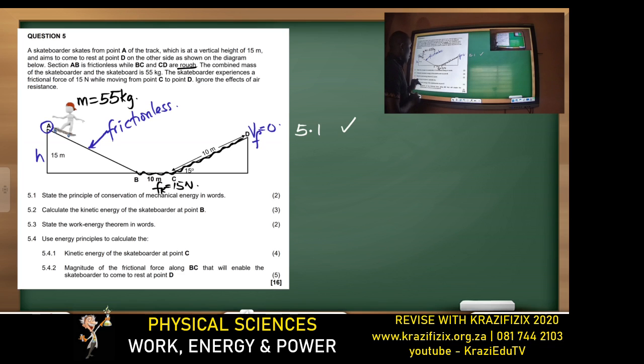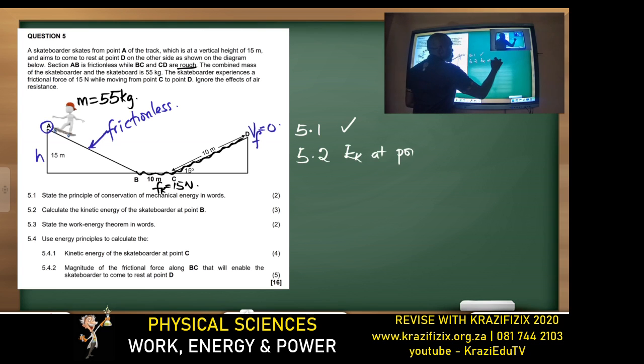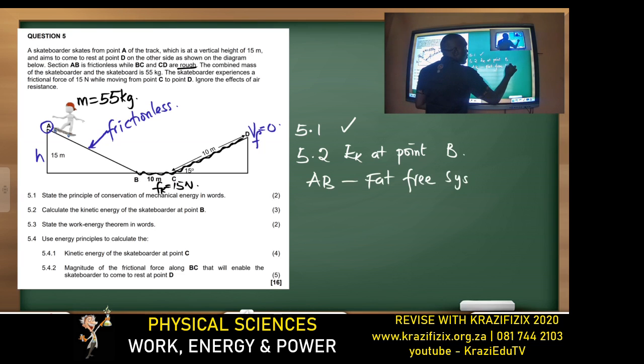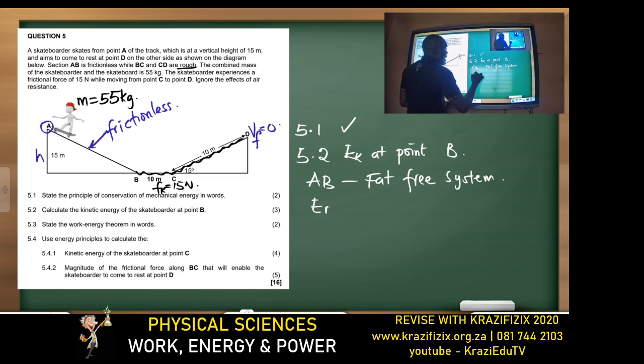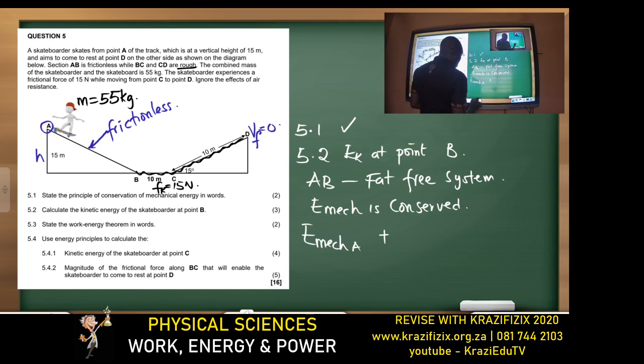5.2. Calculate the kinetic energy of the skateboarder at point B. We're looking for kinetic energy at point B. But what do I know? Point A to B is a frictionless system, which means that EMEC is conserved. When EMEC is conserved, it means that the EMEC at point A equals the EMEC at point B. Now, what is EMEC?